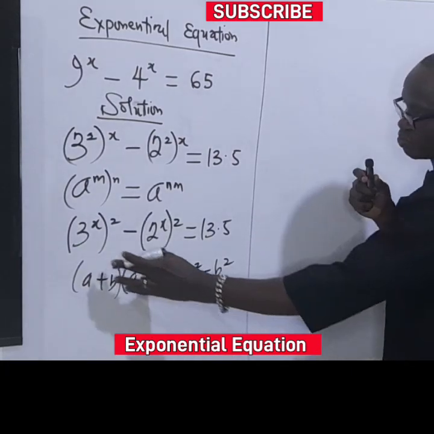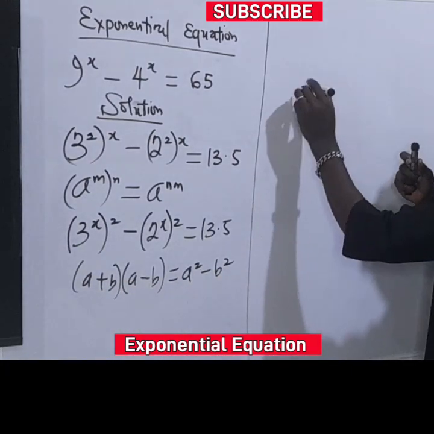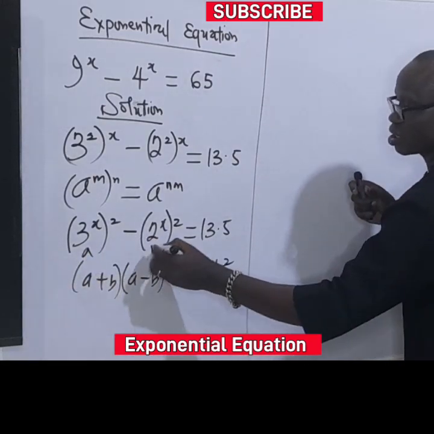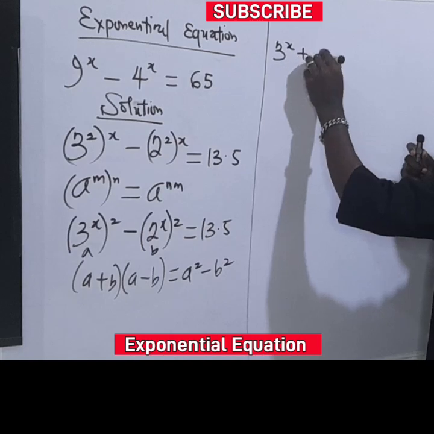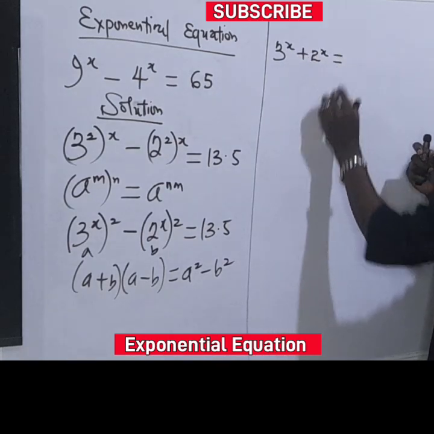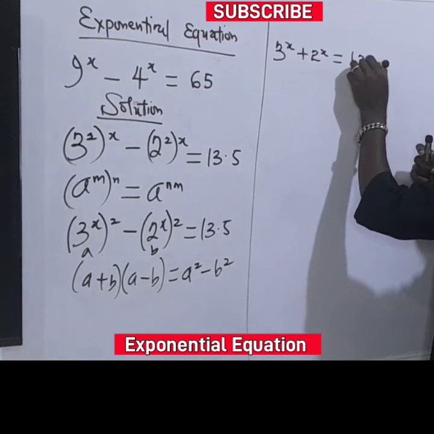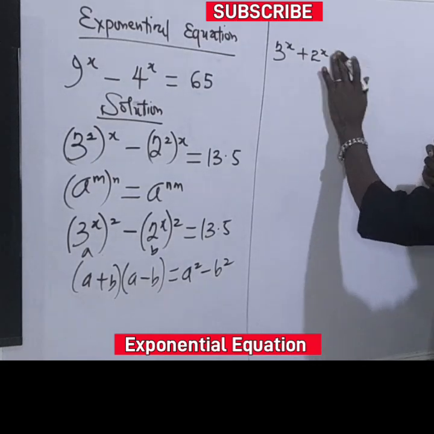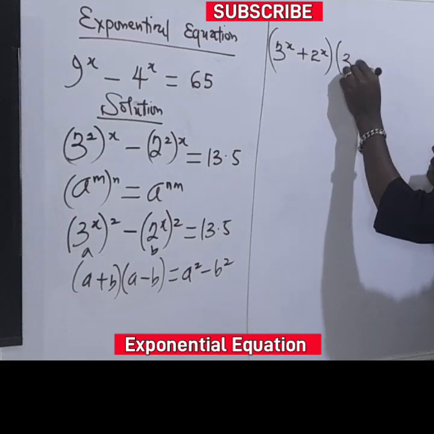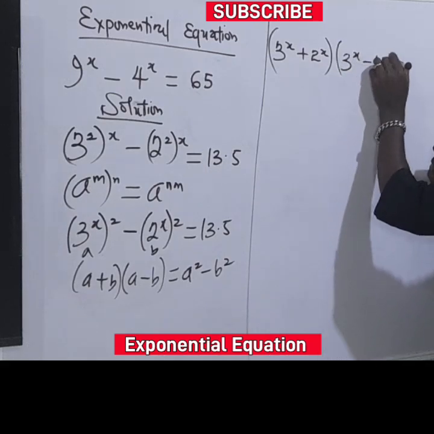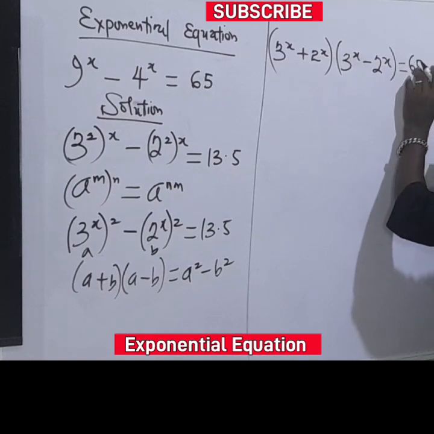The question is in this form. Now let me expand it to be of this one, where this is a, this is b. So we have 3 raised to the power of s plus 2 raised by s equal to 13, or better still, for the second bracket, 3 raised by s minus 2 raised by s equal to 5.